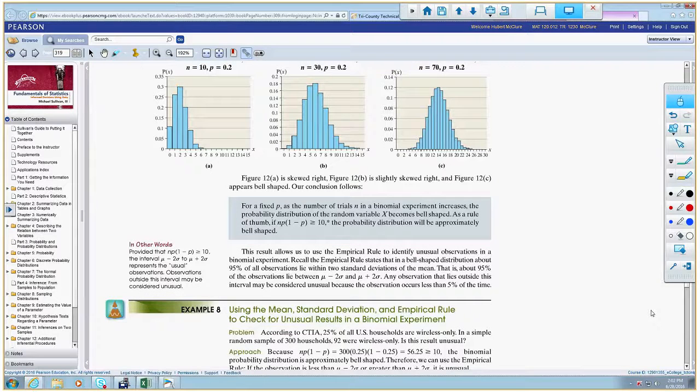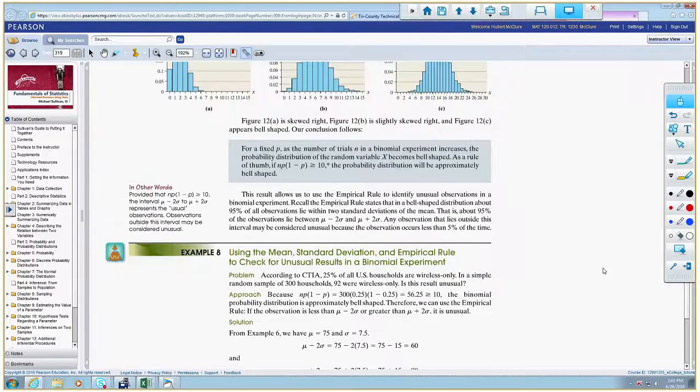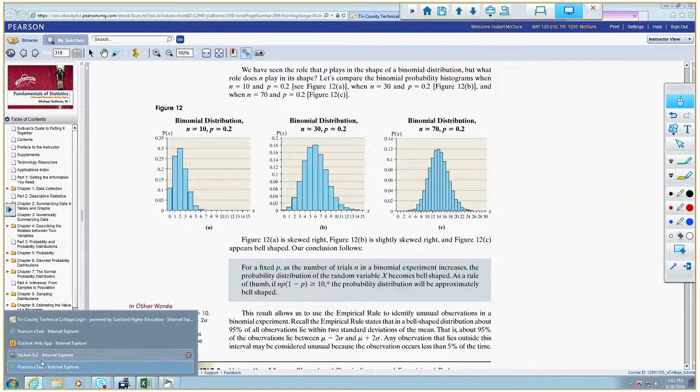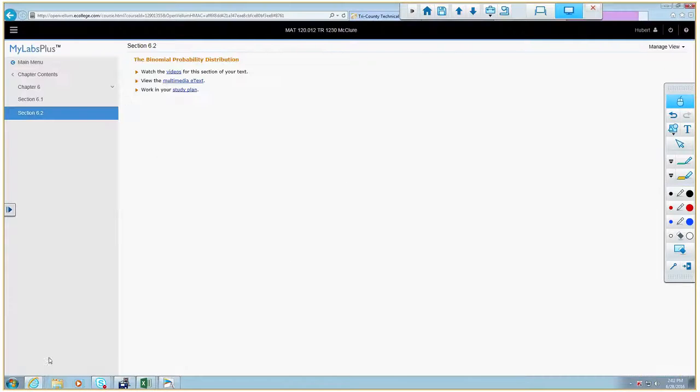According to, well, that's the same one we just did. Okay, we just did that. Let me see if I can find one in 6.2. Hold on. That's not it. There we go. Study plan.